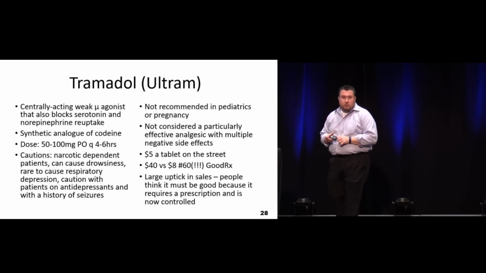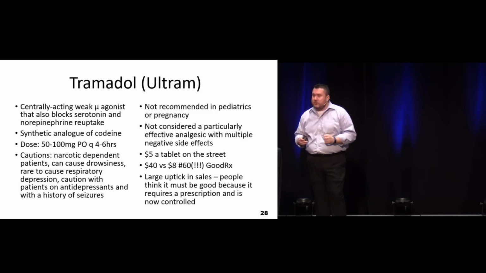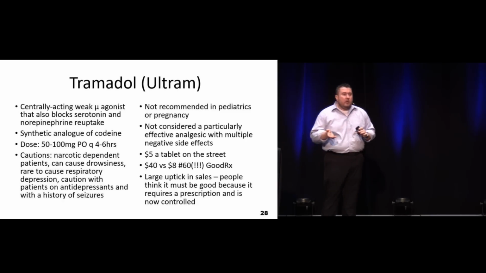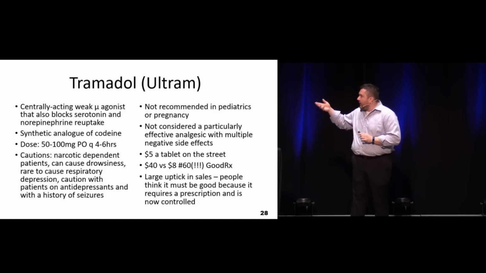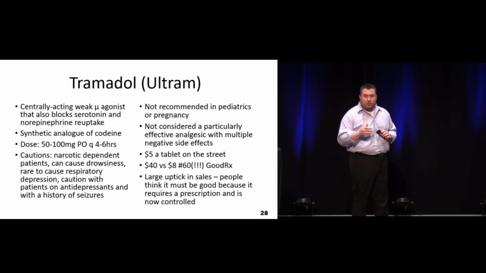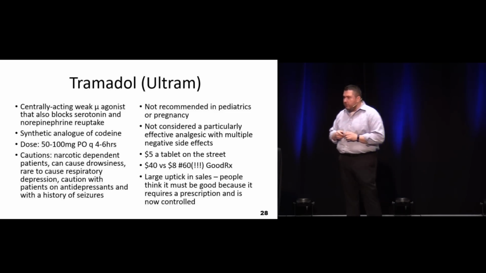So Tramadol. This came out, it's like, yeah, this is our answer. It's an opioid-like drug, but it's not an opioid. And the biggest thing is it has most of its effect on our neurotransmitters. It's kind of an analog of codeine, but it has its biggest effect there with norepinephrine and maybe some effect on serotonin.